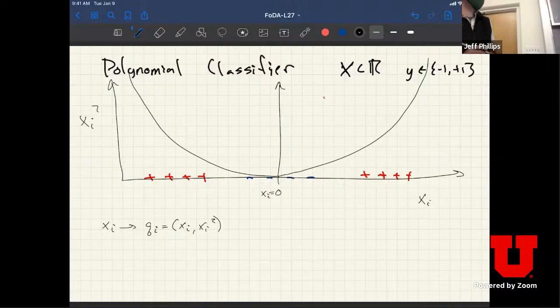Every point has the value xi and xi squared, so it has to follow this pattern. I haven't added any information, I'm just changing the representation of the points. Now all of the plus points are lifted up to this parabola, and it's similar with the minus points.